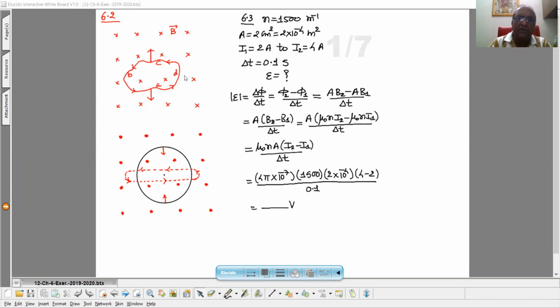Now, here if the current is passed through this particular wire, then if we think about infinitesimal small current elements, I dL like that, then on each and every current element, the force due to this magnetic field should be in outward direction.